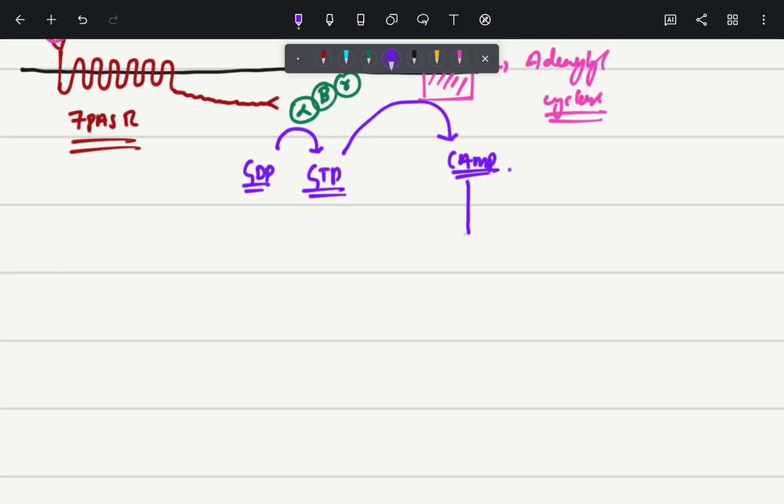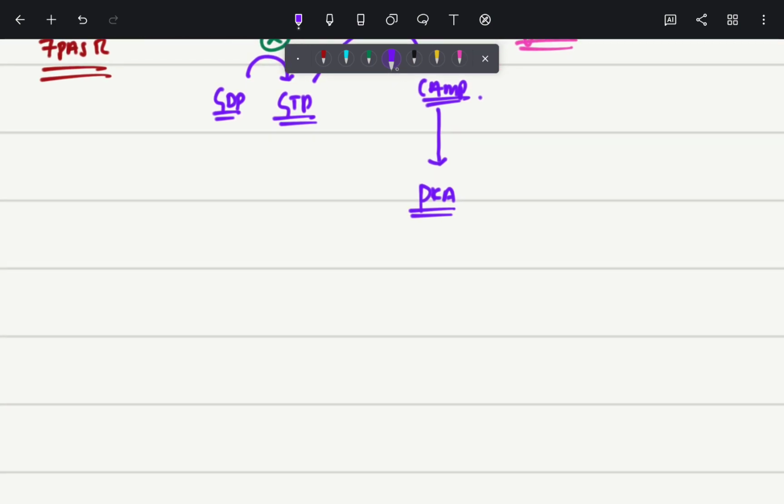Now the cyclic AMP will eventually go to protein kinase A, which is an enzyme, and activates the protein kinase A. Eventually this protein kinase A will do phosphorylation of certain proteins. Okay. So today we are going to see the structure of this protein kinase A.